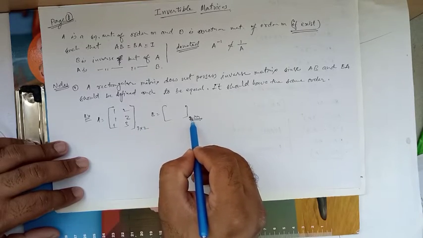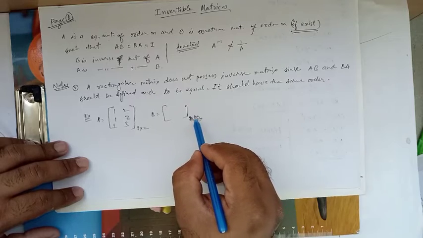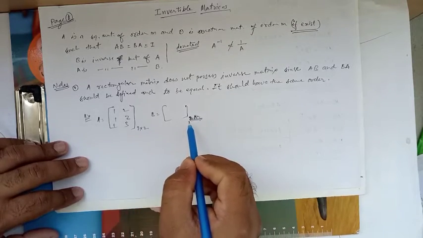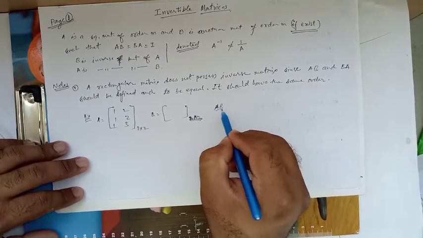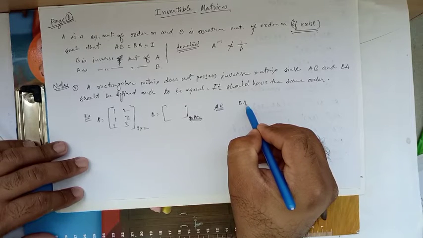I am taking order 2 by n. So it is possible to find AB, but it is not possible to find BA.